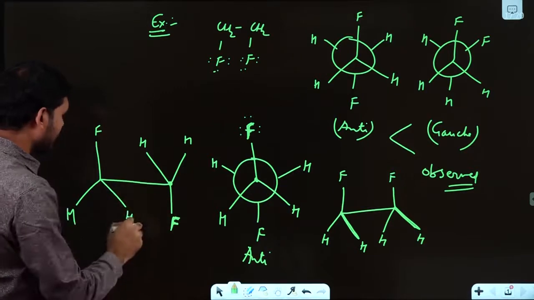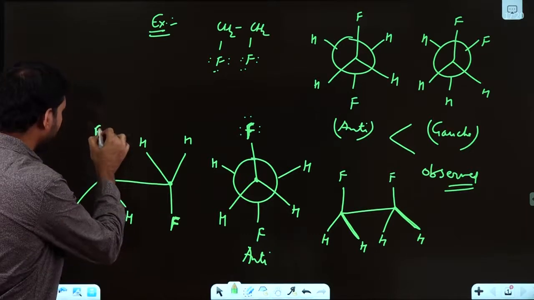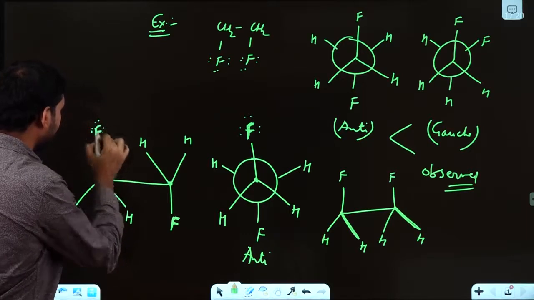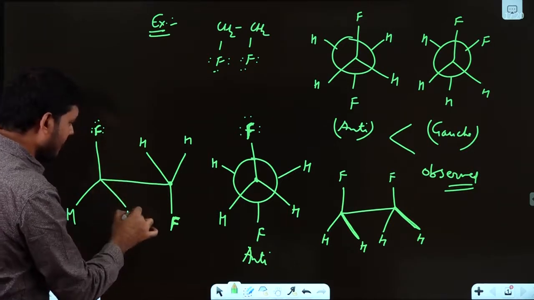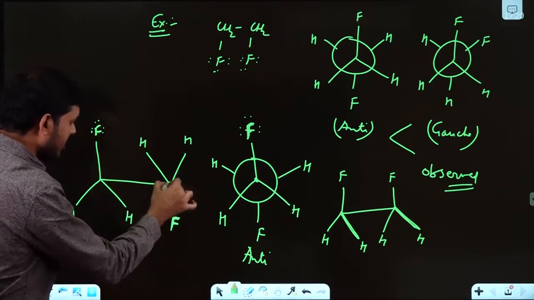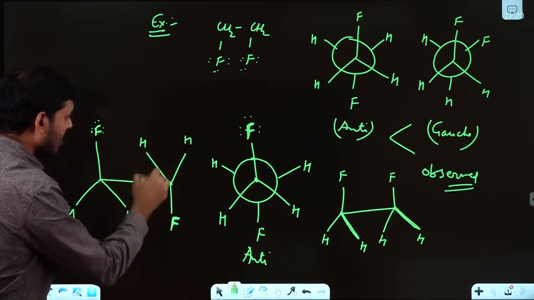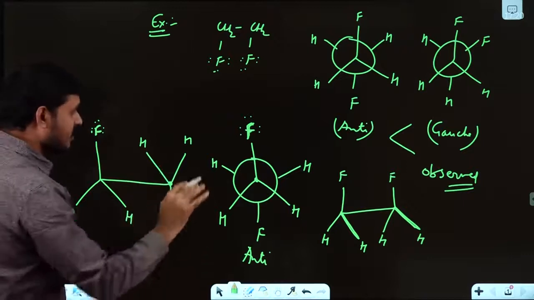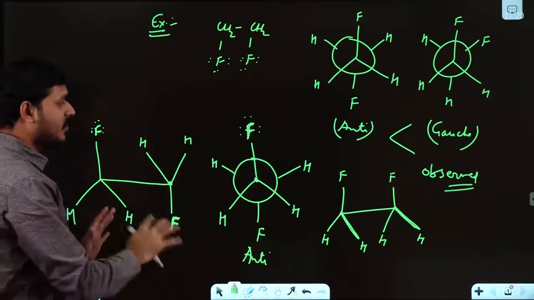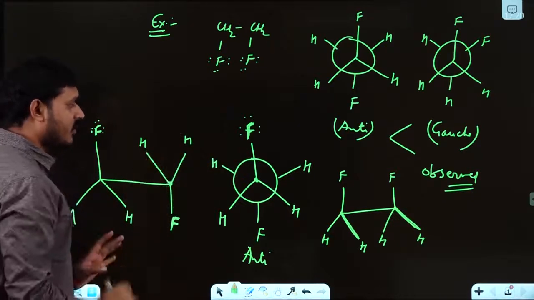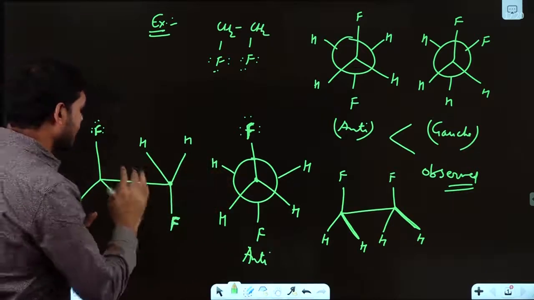In this staggered form, if I see this C-H bond is having an electron pair here, with respect to this C-F bond, this C-H bond is this side. According to MOT I am explaining, right? As per VBT we cannot explain this thing. So most of the books simply say gauge is more stable than anti-form. But I am explaining in short what is the possible reason for this case.